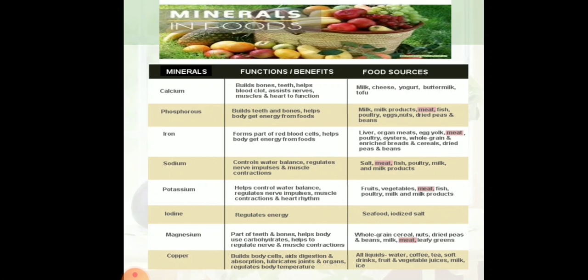And the last one is iodine, which is obtained from seafood and iodized salt. You might have heard in ads that we should have iodized salt. It is important in the body because it helps in keeping growth proper. So this was all about the different components of food.